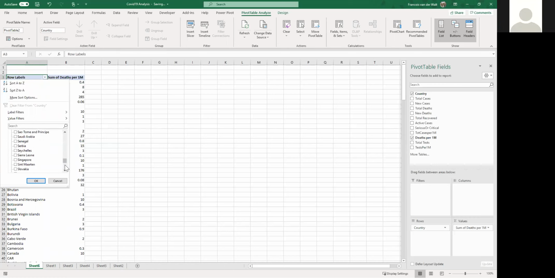New Zealand? Yeah, that's a good one. New Zealand. One that's interesting is Sweden. You guys probably heard that Sweden has done nothing.